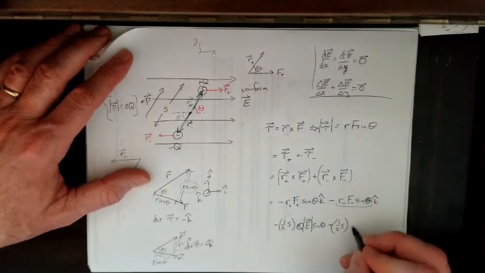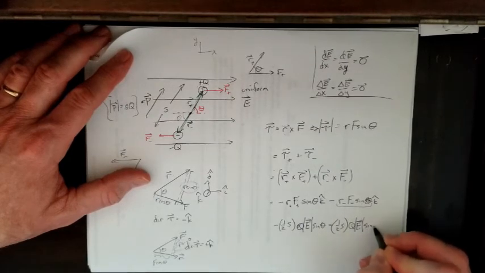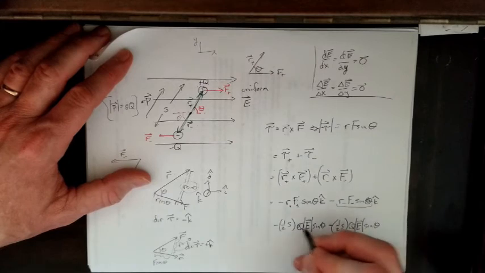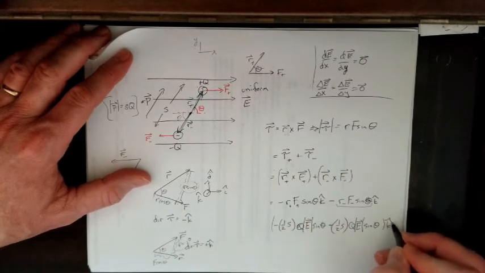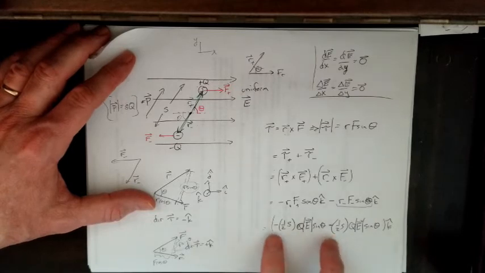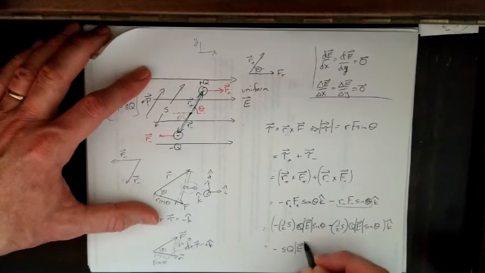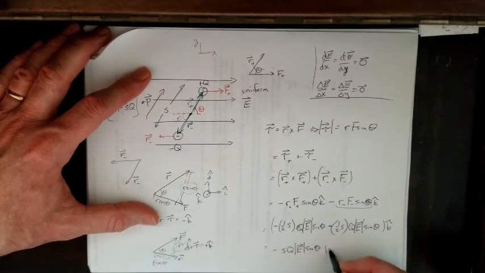And over here we'd end up with Q E sine of theta, and they are both in the k hat direction. These are the same thing here. So here, I got that plus that. The halves are going to go away when I add them, because 1/2 plus 1/2 is 1. And so I have negative s Q, magnitude of my electric field, sine theta k hat.